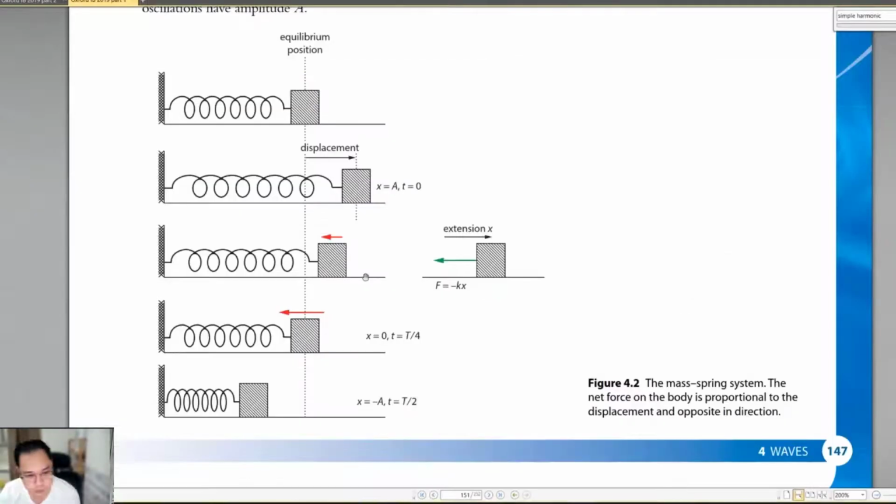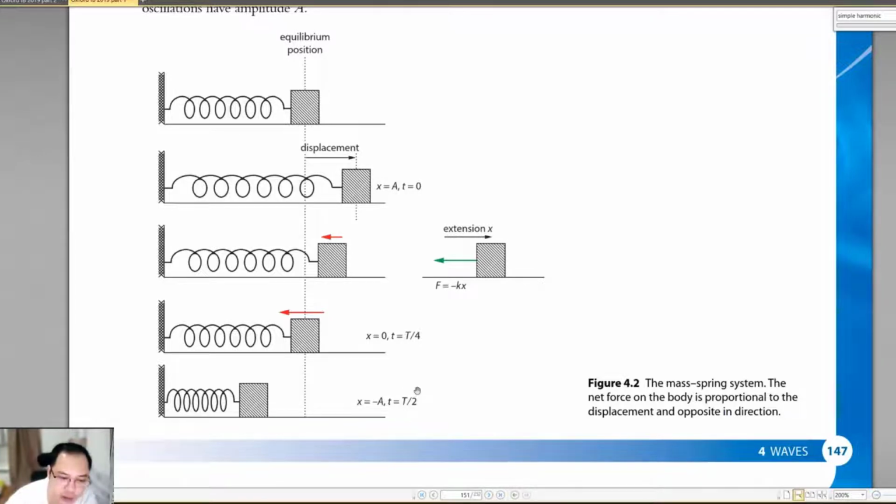This diagram illustrates different positions of the oscillator. Initially, at time 0, when we start the clock, it is at the highest displacement, which means the amplitude on the right. After 1/4 period, this object returns to the equilibrium position.